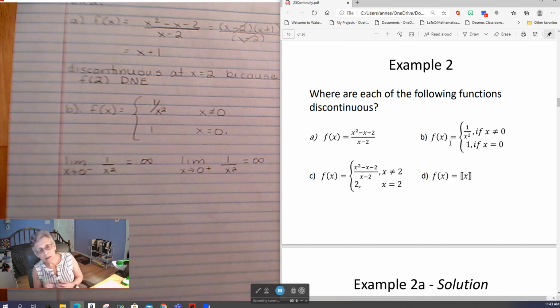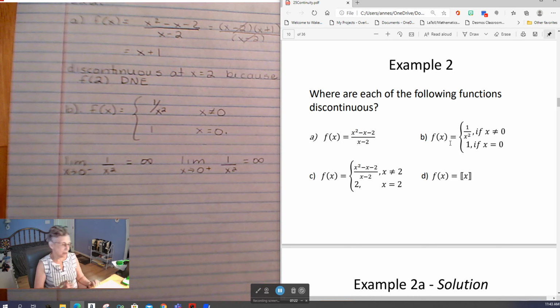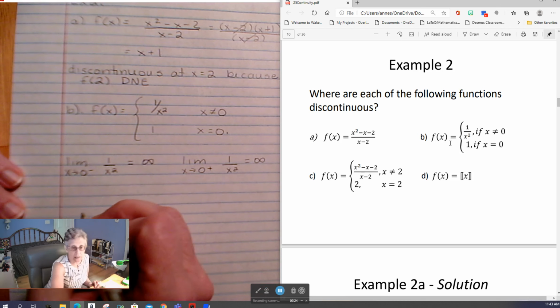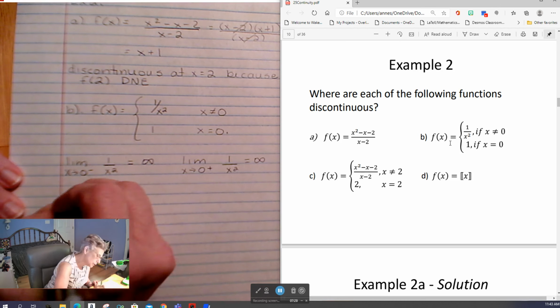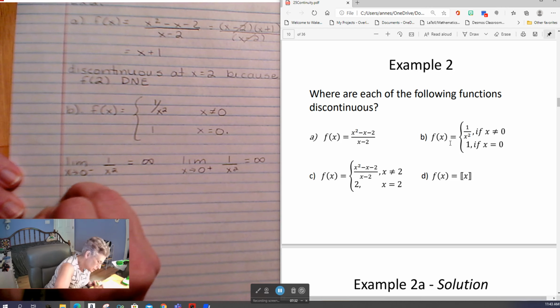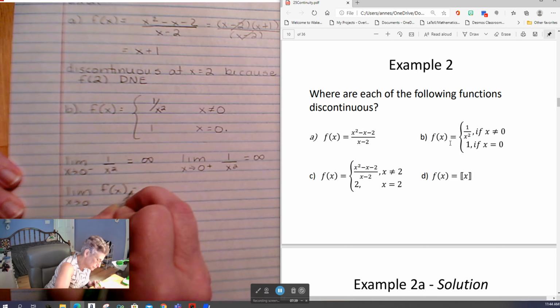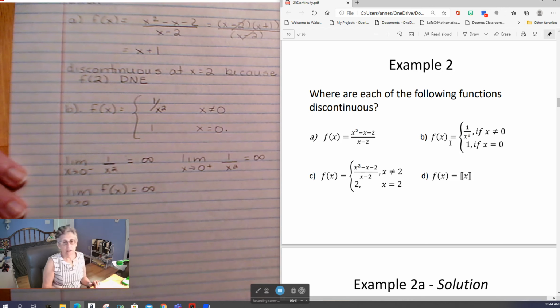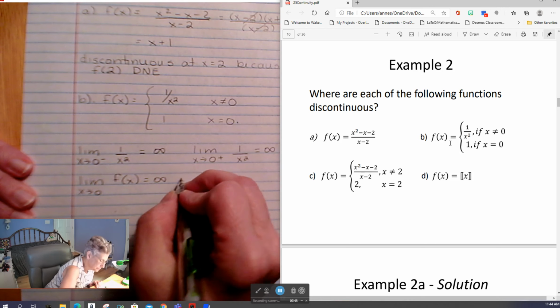And for continuity purposes, the limit approaching infinity means that the limit doesn't exist. It has to be a real number in order for it to be continuous there. So we'll say the limit as x approaches 0 is infinity. That means we have a vertical asymptote there.